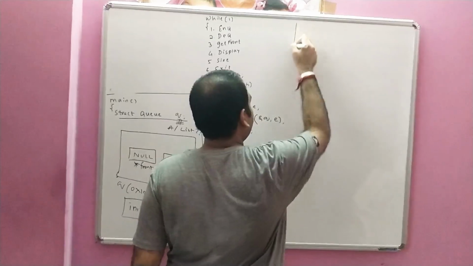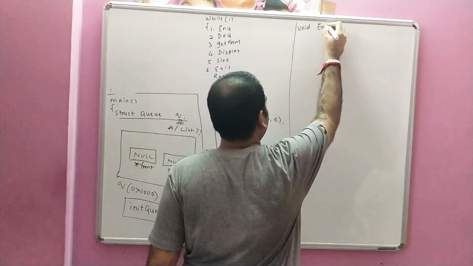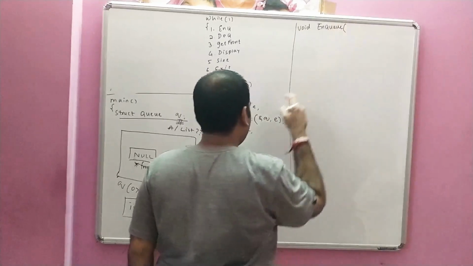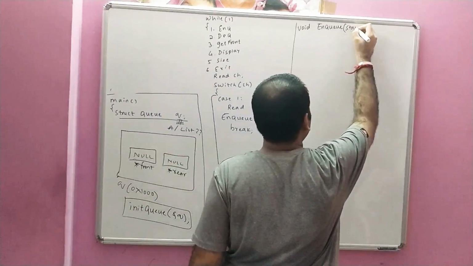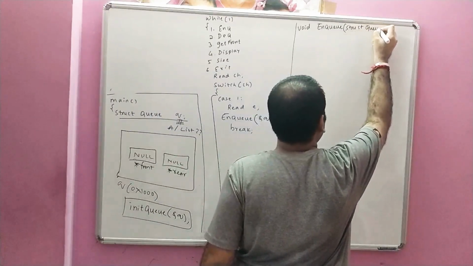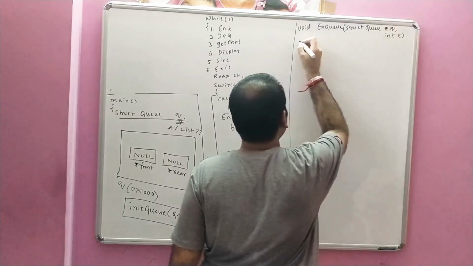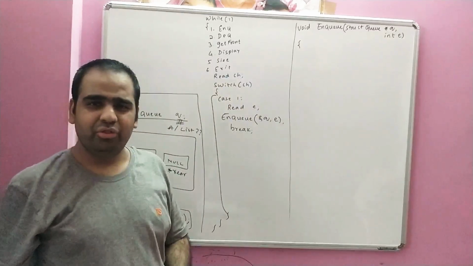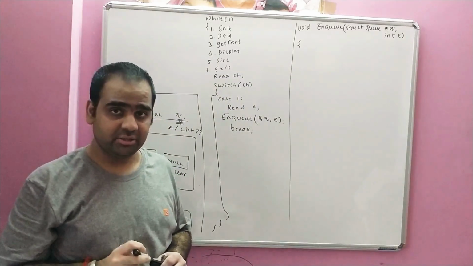Let us write the NQ function. We say void, and the function name is NQ. The first parameter is ampersand q, therefore it is struct q star q, and the second parameter is integer E. Now we are implementing this using the linked list.